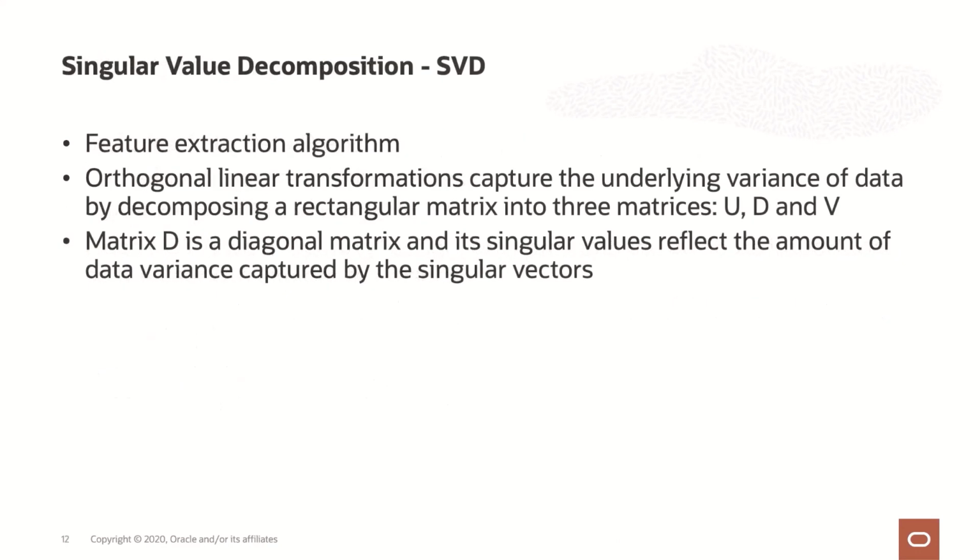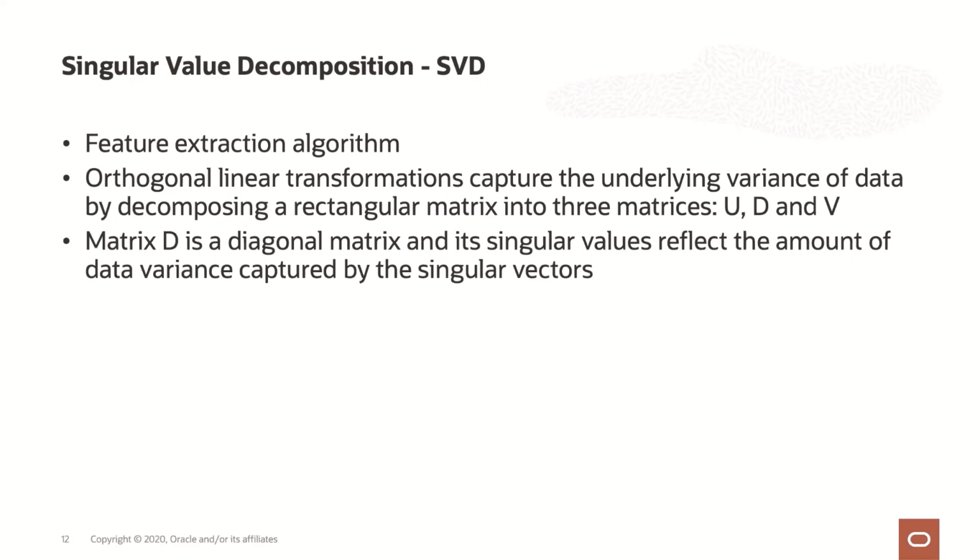So another method that is used a lot is singular value decomposition, SVD. It is a feature extraction algorithm, and what it does is try to find orthogonal linear transformations. So it will look at the matrix and the data, and if you think of it as a volume, it's going to move the data around to find the axis with the largest variability, and then it creates a second orthogonal axis to that and finds the second best positioning to capture the most variability as well, and it goes on and on.